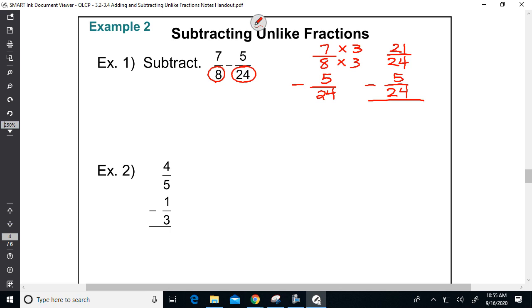Then we solve it out. 21 minus 5 is 16. Is there anything else that we can do to that?